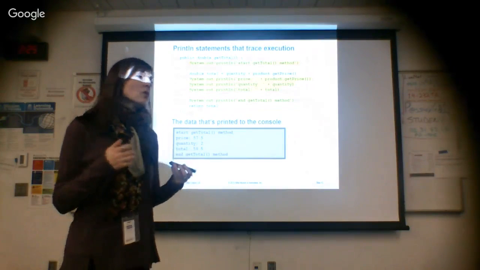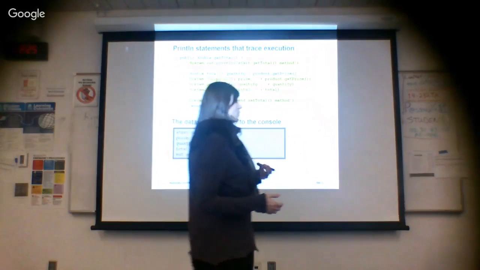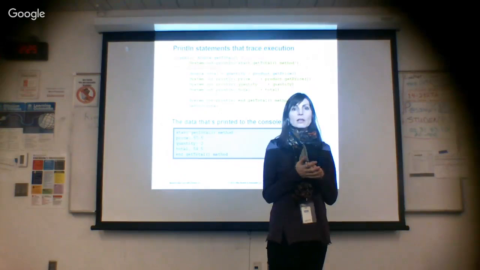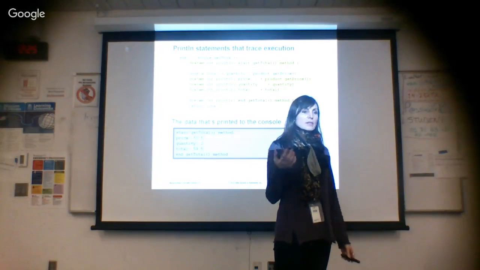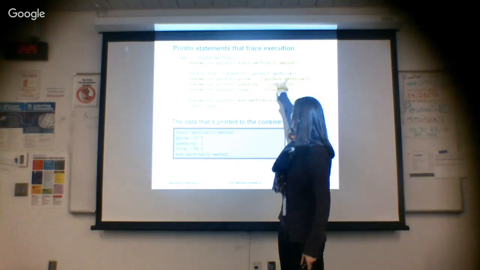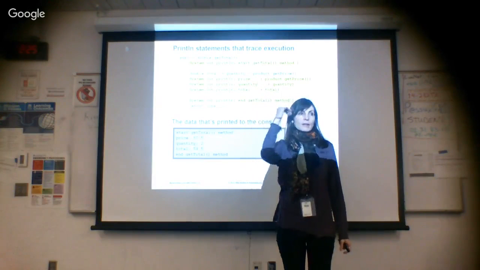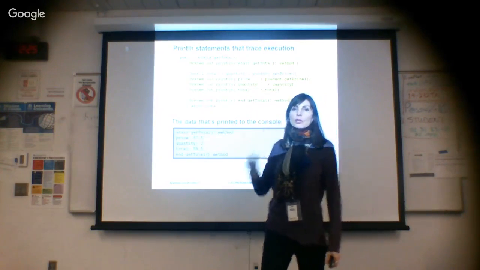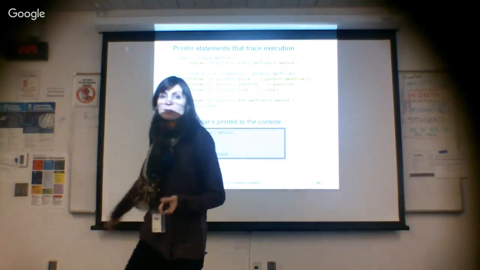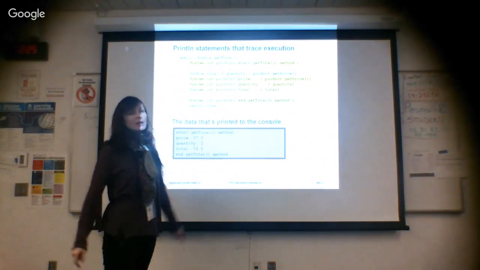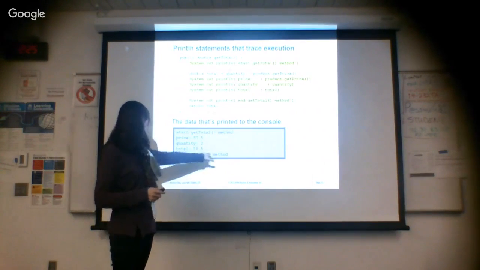So how do you go about debugging your own code when you're working on a program? One of the simplest and really nice ways to go about it is to just add your own traces, which are print lines. As you go through the code, you add your own print lines, and this allows you to see, oh, now I'm in the get total method, and this is the value, and now I'm exiting the method.